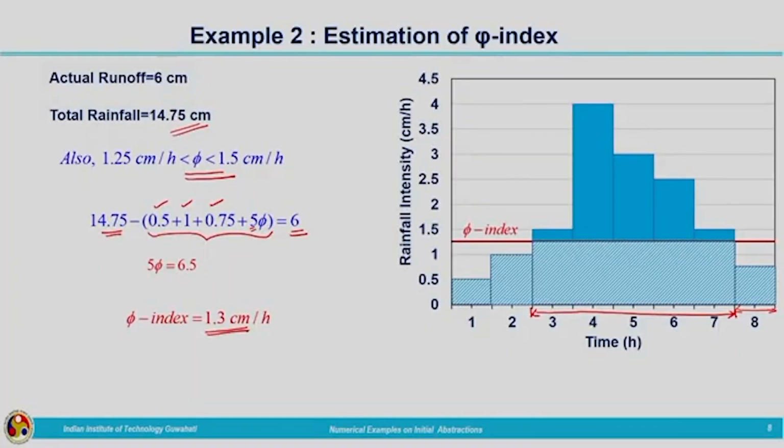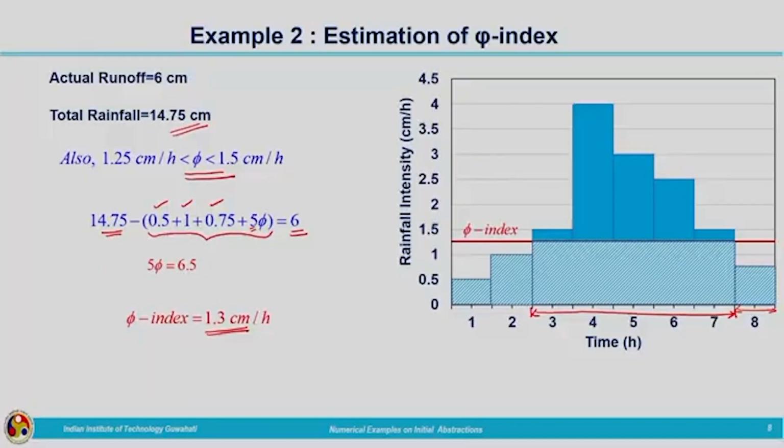We are assuming phi as the phi index value, and we know the time intervals corresponding to the constant rate of abstraction and corresponding to the abstraction value less than the phi index value. So, total abstractions we will calculate in terms of phi index, and that we will deduct from the total rainfall value, which will be equated with the total runoff depth at the outlet of the watershed. That way we can determine the phi index value.